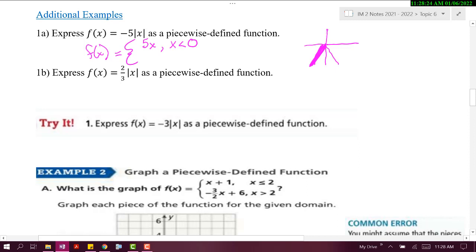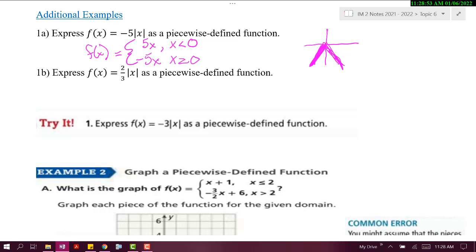But now on the other side, after 0, or including 0, x is greater than or equal to 0, what's our slope here? Well, it's the same thing as what we had in the first one, but now we're going down. So it's a negative 5x. I think writing out that little sketch of the diagram will help. Maybe it won't, don't use it, but give it a shot if you think it might help.